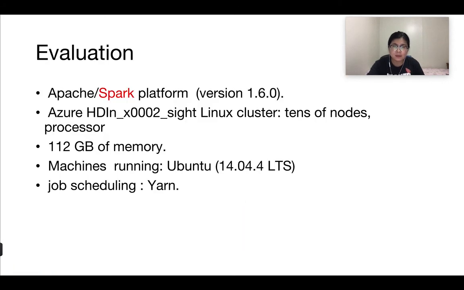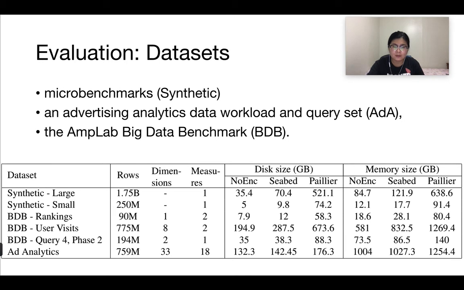The evaluation on real-world datasets shows that the ASHE algorithm is about an order of magnitude faster than existing technologies, and that its overhead compared to a plain text system does not exceed 45%.